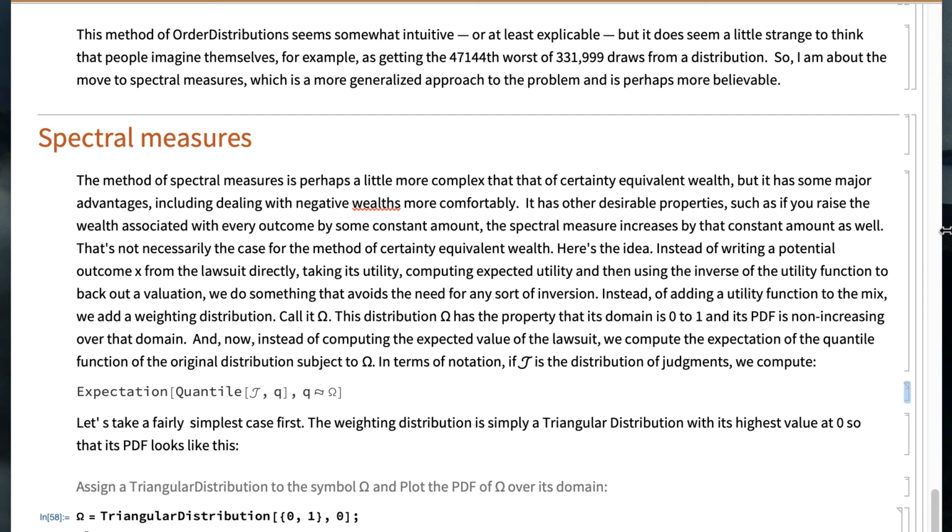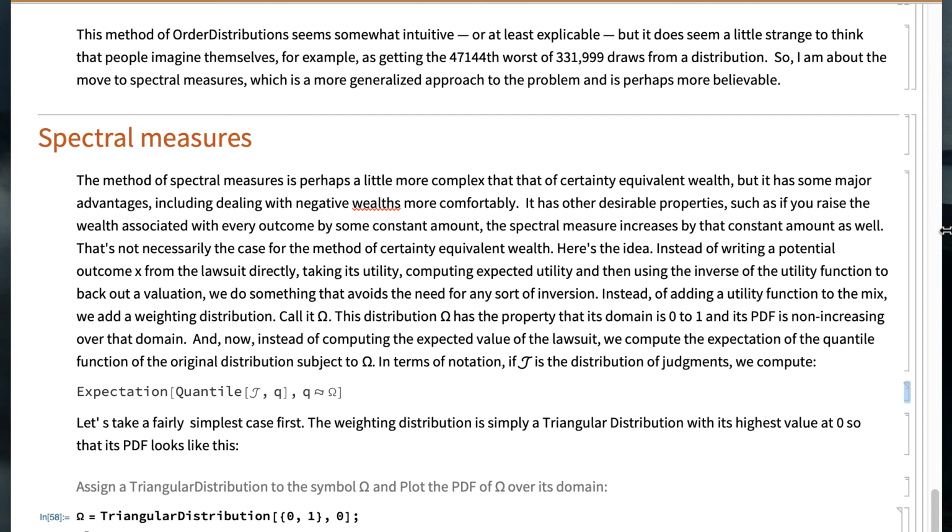Second, supposing you have potential outcomes and we say, we're going to add $100 to every outcome. You might expect that the certainty equivalent wealth would go up by $100 because everything's being shifted to the right by $100. But that's not necessarily the case. With spectral measures, that is the case. And so there are many properties of spectral measures that are desirable.